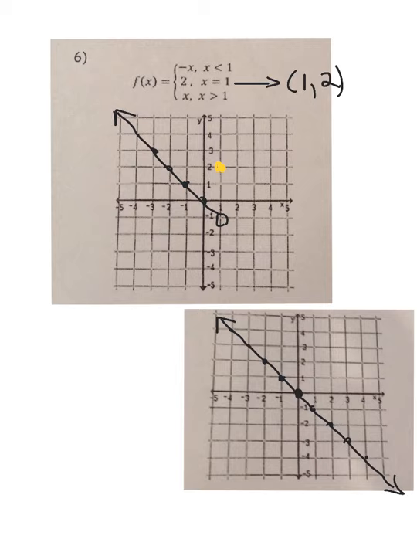Okay, let's look at the last part of the piecewise function. This is saying f of x equals x. In other words, y equals x when x is greater than 1. How about we graph that line? Y equals x again has a y-intercept of 0. There's no b there. But this time our slope is positive 1, so up 1 over 1, up 1 over 1, and so on. And we can go in this direction as well.